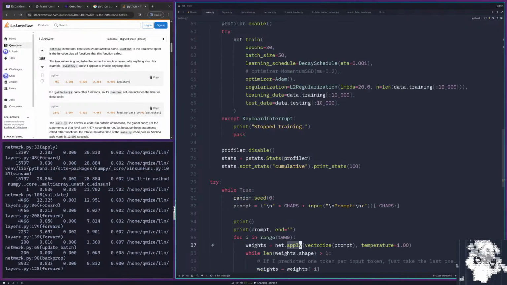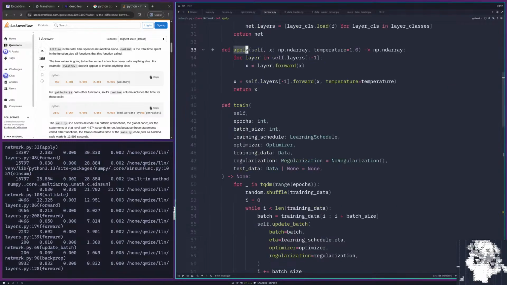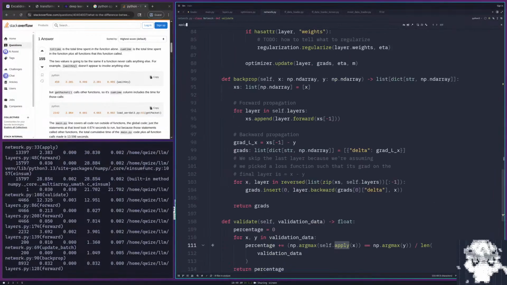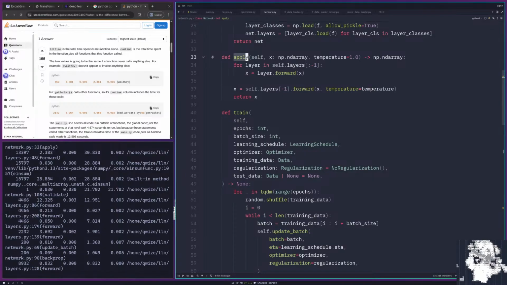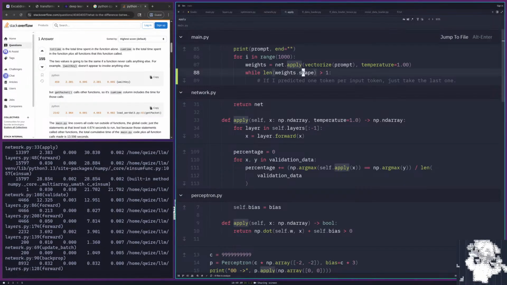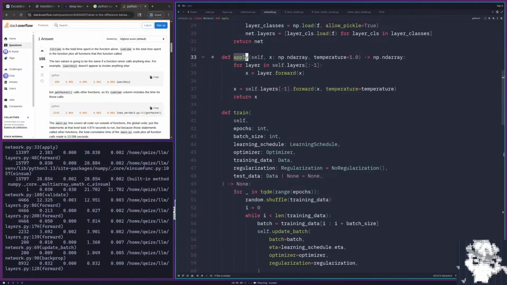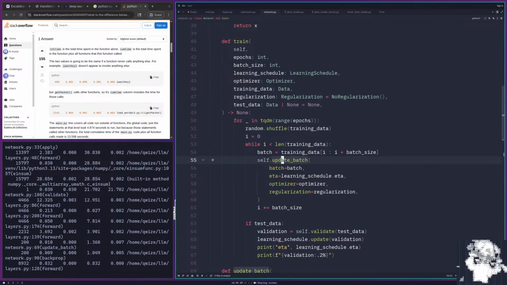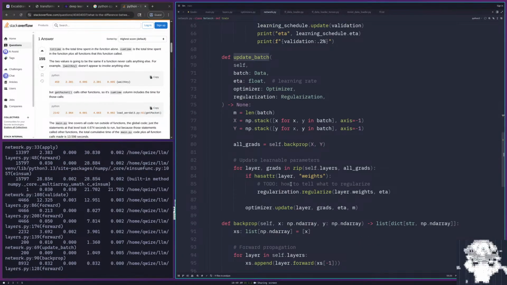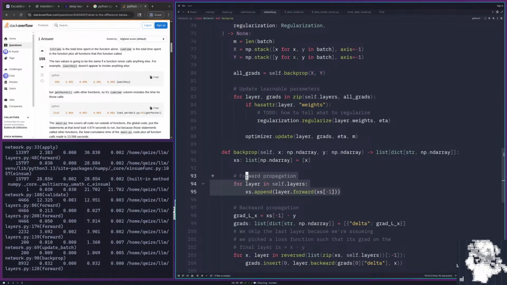Where does apply come from? Is apply only called in validation? Apply is only called in validation. During the backpropagation, we do our own forward, we call forward for each layer.